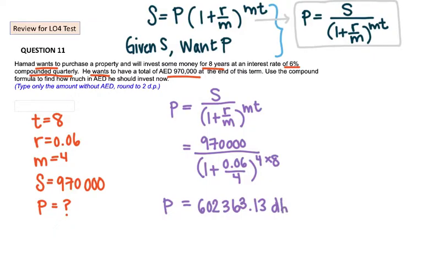So what is this saying? If Hamad wants this amount of money in 8 years under all of these conditions, then right now he should deposit 602,363.13, and after 8 years he'll get the future value that he wants. Okay, good luck everyone.